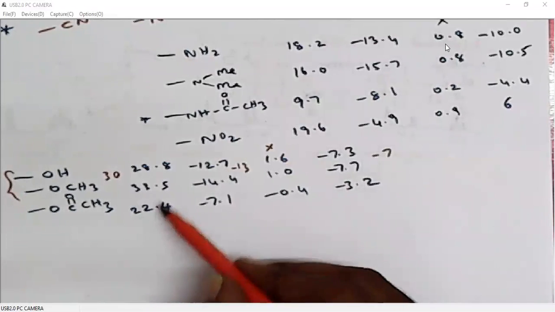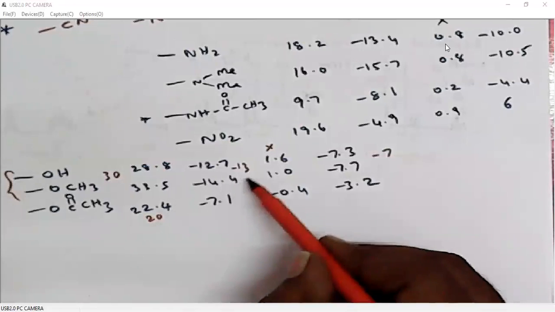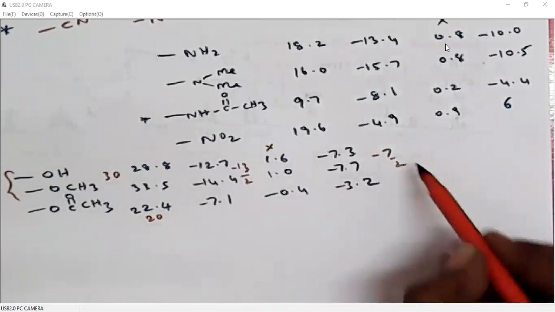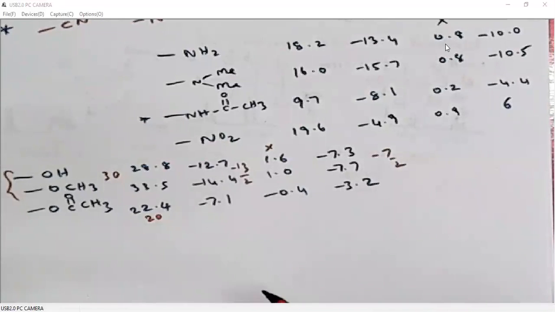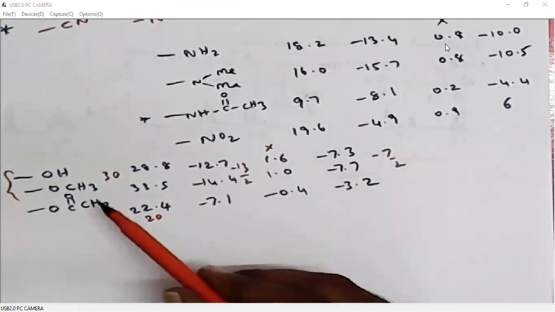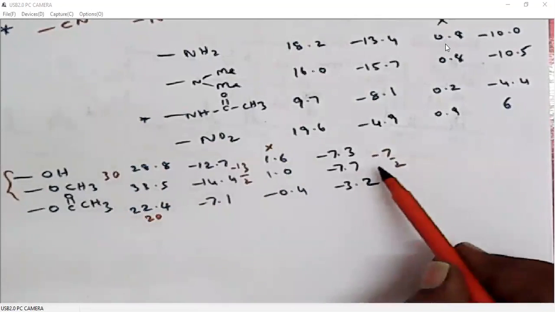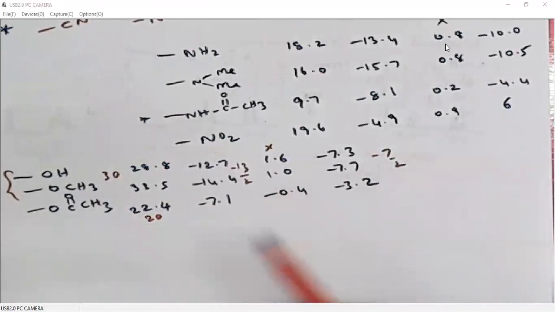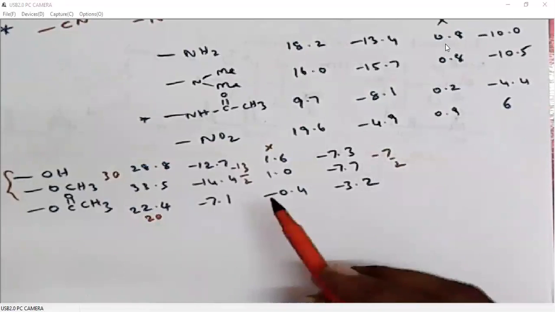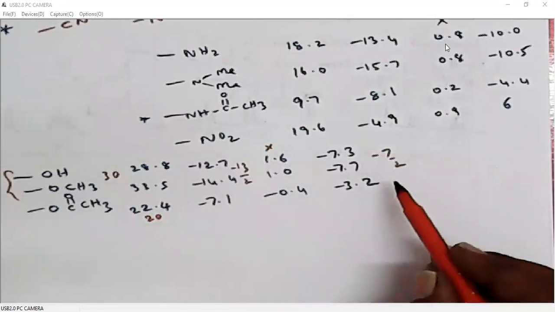For OCH3, we decrease it by 10, then go by 2. So we will get 7, minus 7 or minus 3. You remember for OH and OR, it is 30, minus 13, minus 7. Ignore the meta. Then for O acetate, 20, then by 2: 15 by 2, minus 7, 7 by 2, minus 3.